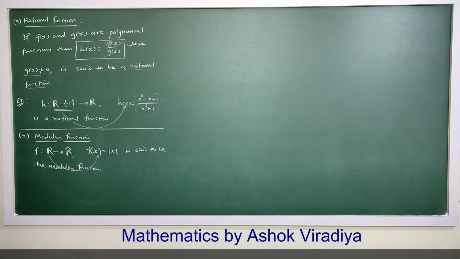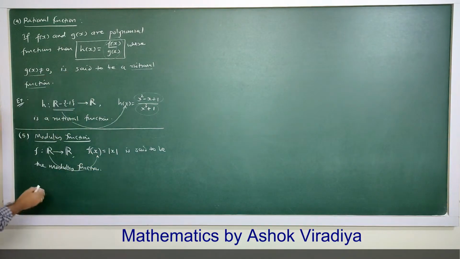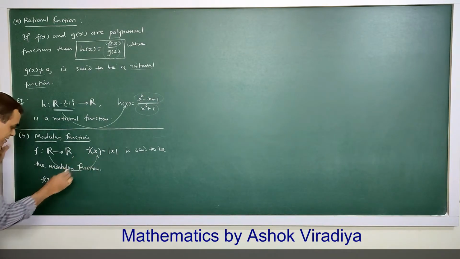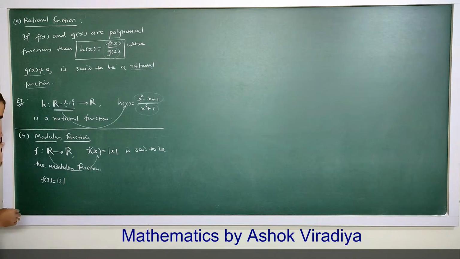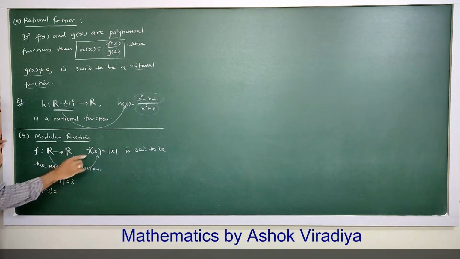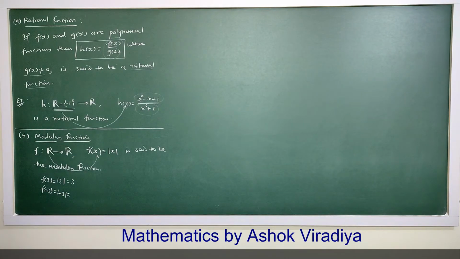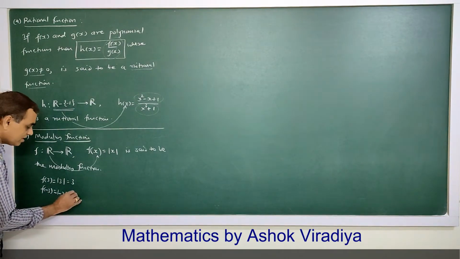So here what is happening, if I put 3, f of 3 is modulus 3, that is 3. If I put minus 3, then modulus of minus 3 is plus 3.